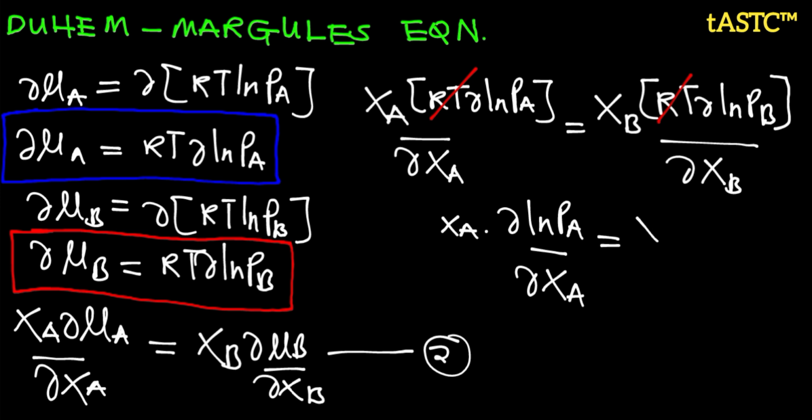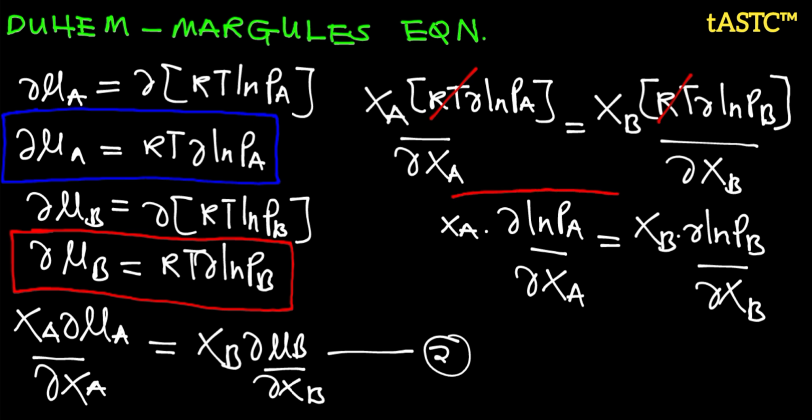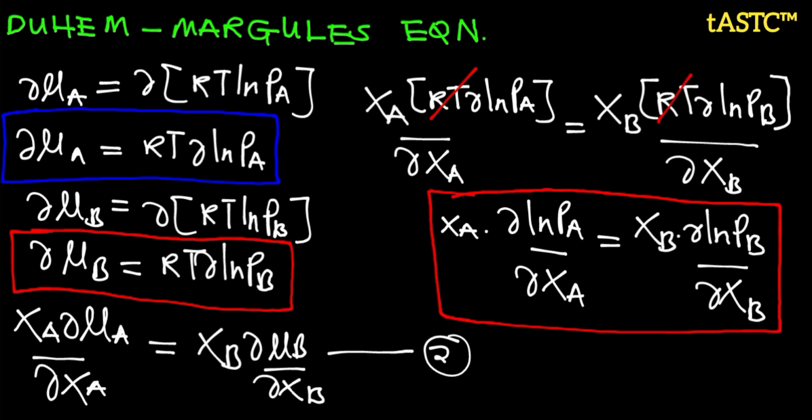On this other side, we're going to have x sub b multiplied by d ln P sub b divided by dx sub b. Now we're going to use this later on, but I need to create some precedents right now, which we'll use to substitute back into this highlighted equation.